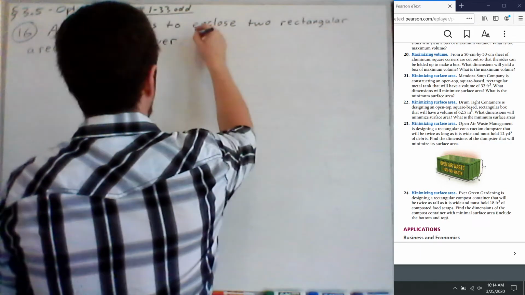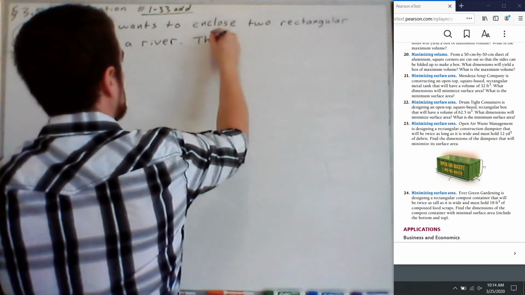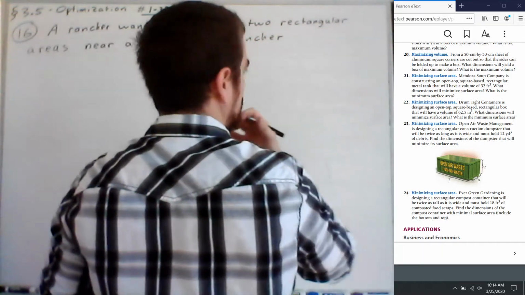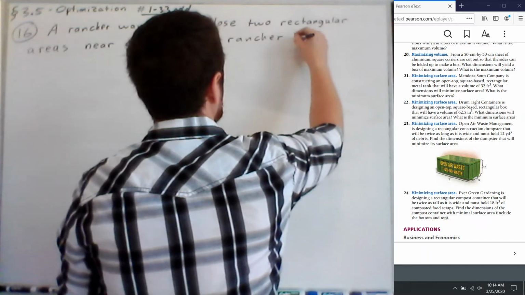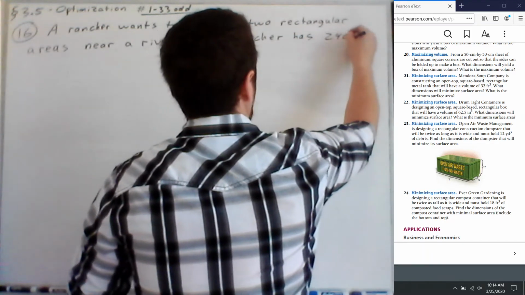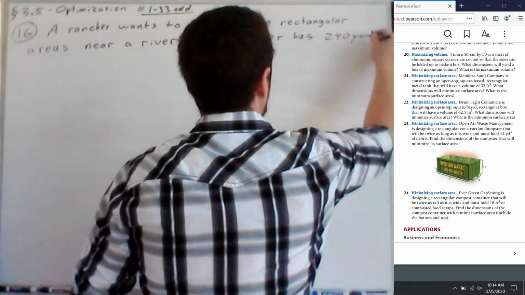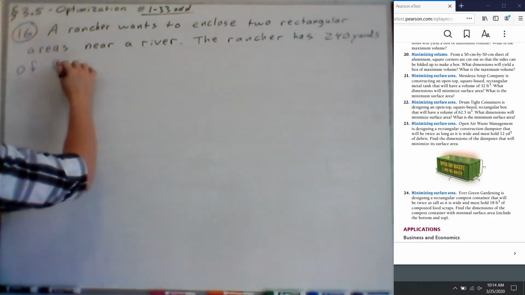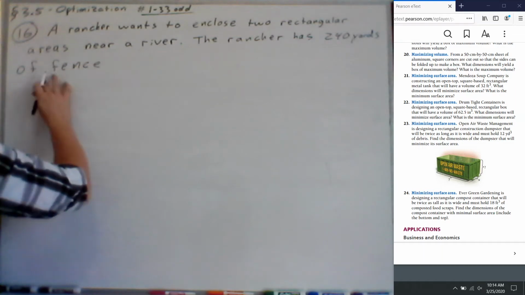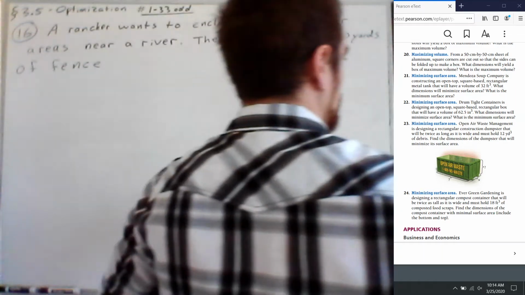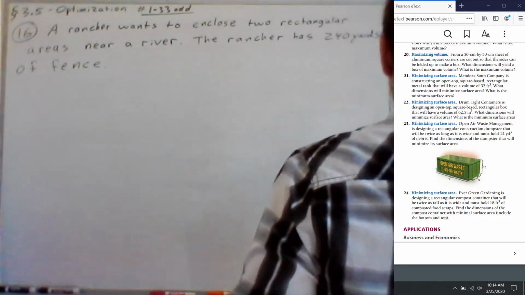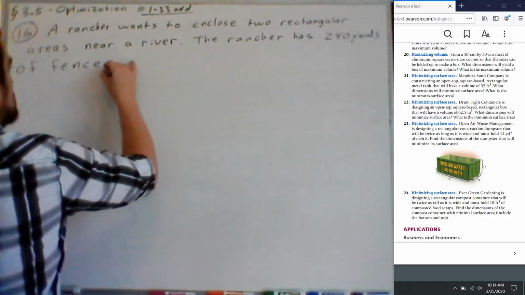The rancher has 240 feet. The book says yards. The rancher has 240 yards of fencing, or just of fence. And they want us to find the largest total area that can be enclosed.